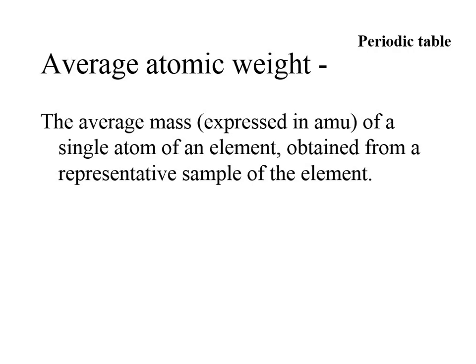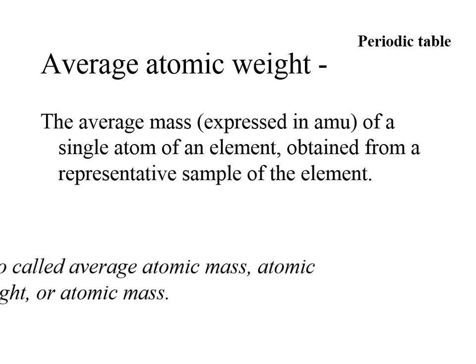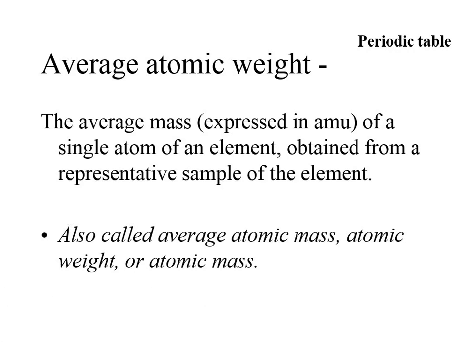But that decimal number says how much an atom of that type of element weighs. The units are atomic mass units, which we've run into before, AMUs, or the little symbol U for AMUs. Average atomic weight, average atomic mass, atomic weight, atomic mass, those are all kind of synonyms.